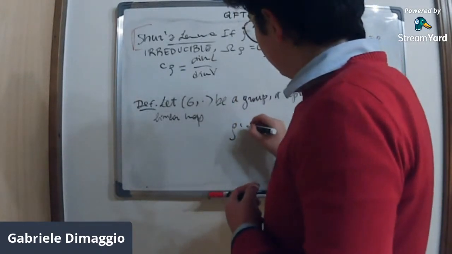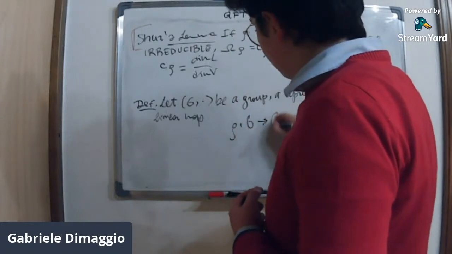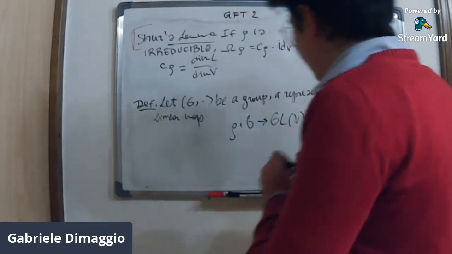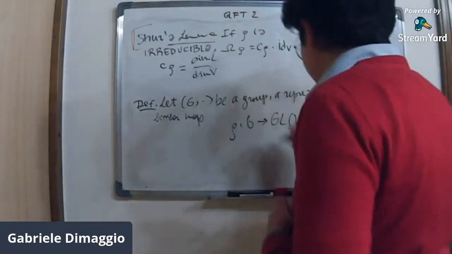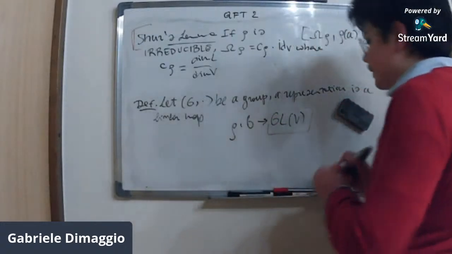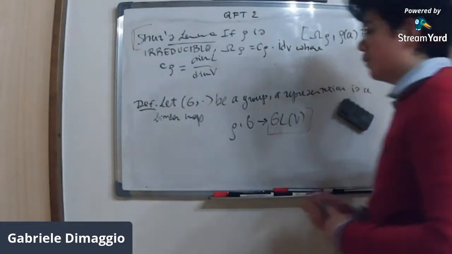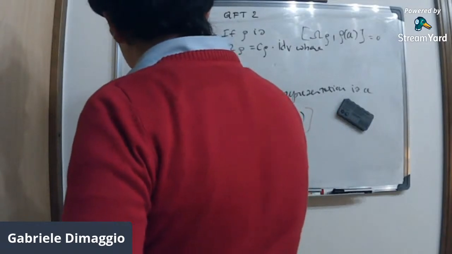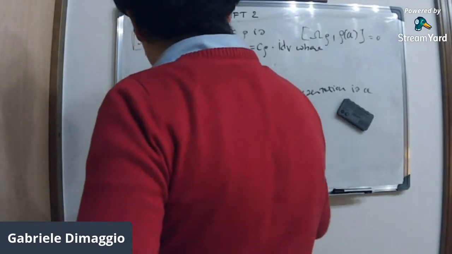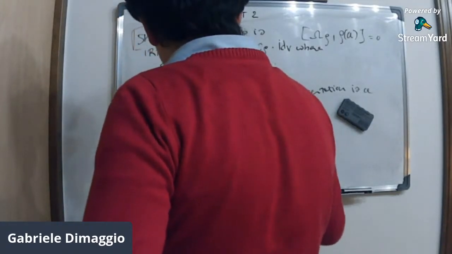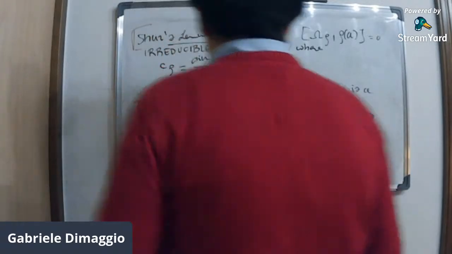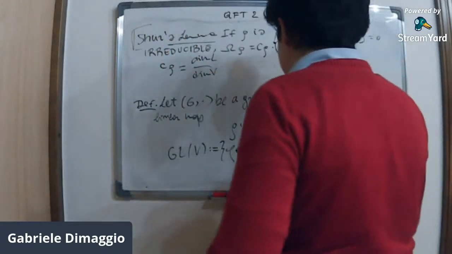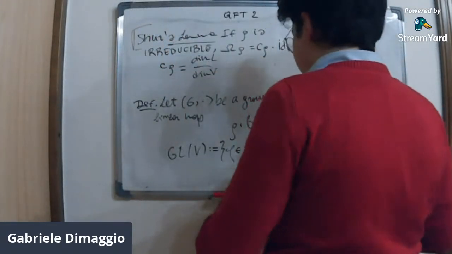rho from G to GL(V), where GL(V) is the general linear group, and V is the representation space. GL(V) is the set of all endomorphisms over V such that the determinant is different from zero.